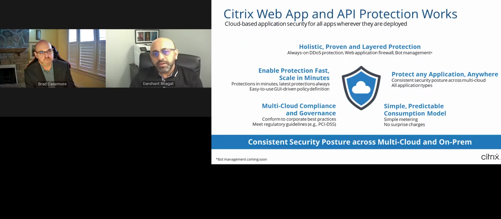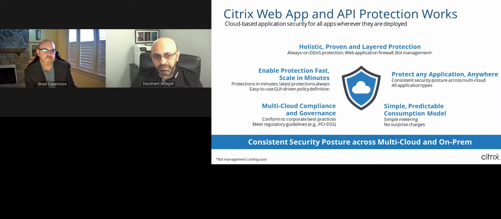In summary, Citrix offers a comprehensive and holistic set of security functions for your apps and APIs, whether deployed on-prem, near app, in cloud, or consumed as a complete cloud security service.